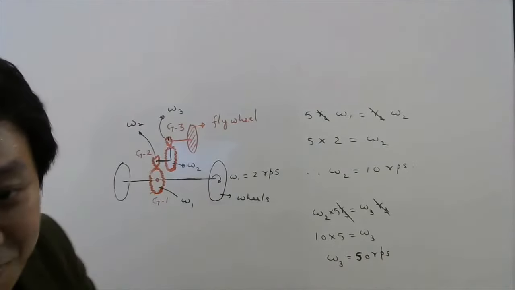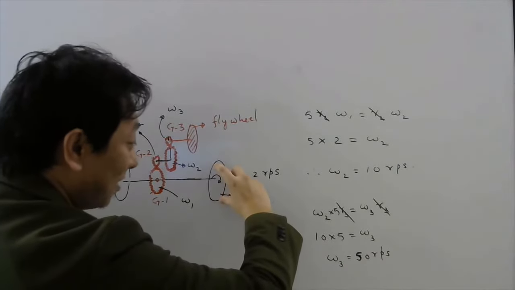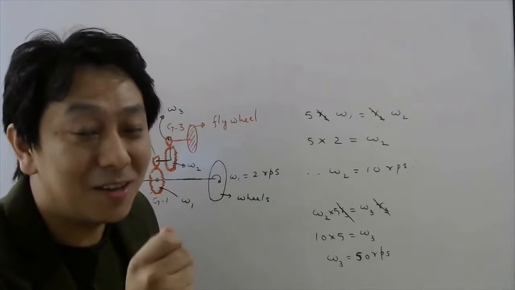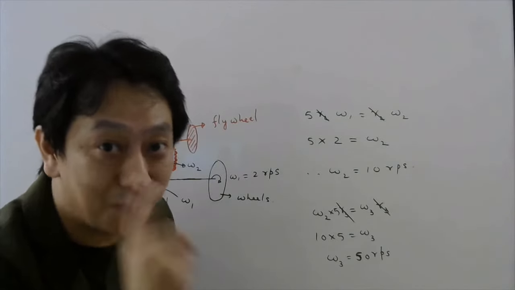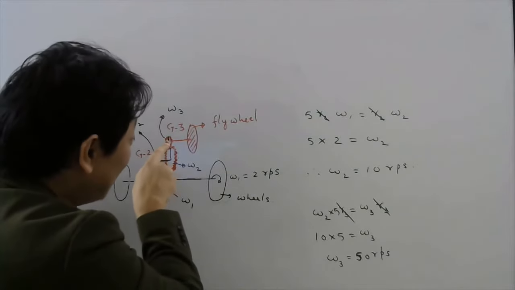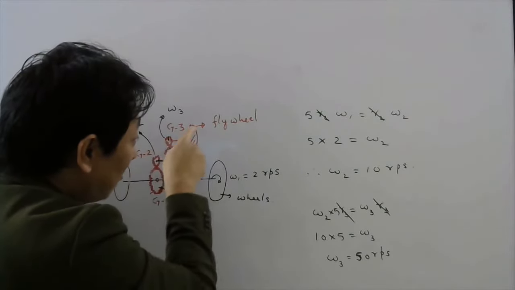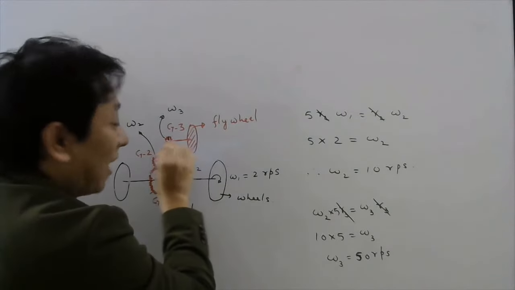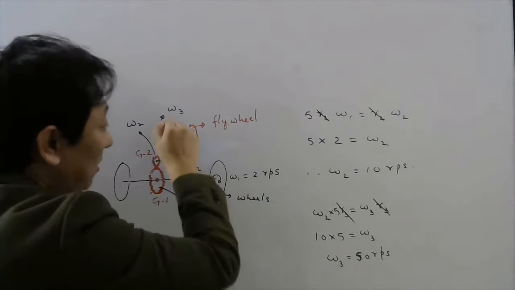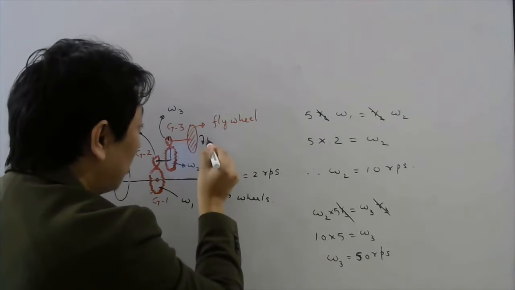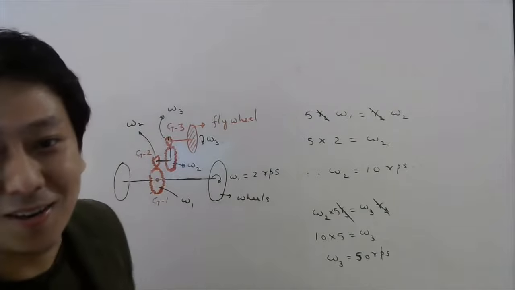Right? That means when the wheels are made to rotate with angular speed 2 rotations per second, this gear, and therefore you see this gear is attached to this flywheel, which is basically a disc only, through this axle. So if this rotates with angular speed omega 3, this disc will also rotate with angular speed omega 3.